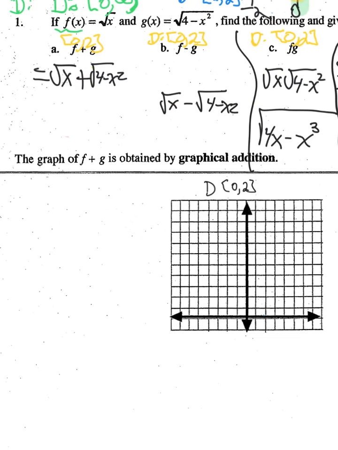Okay, we can graph these two functions using graphical addition. And the way you would do that, if we're taking f at x plus g at x, and I'm using the functions above, we're using f at x, which is root x, plus g at x, which is root 4 minus x squared.